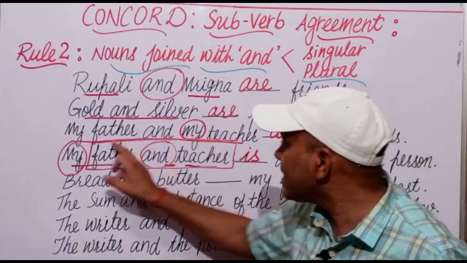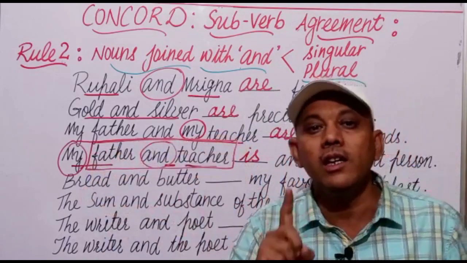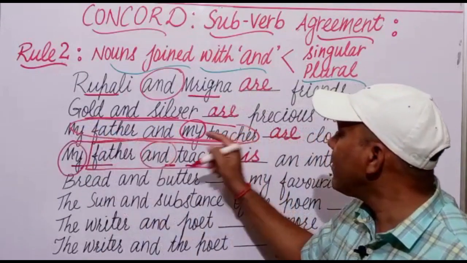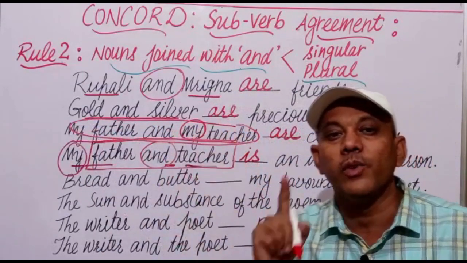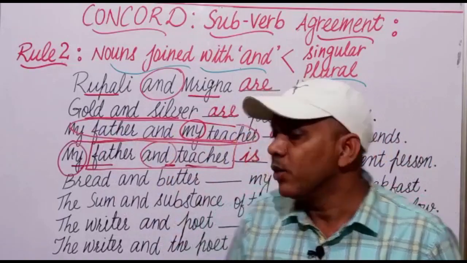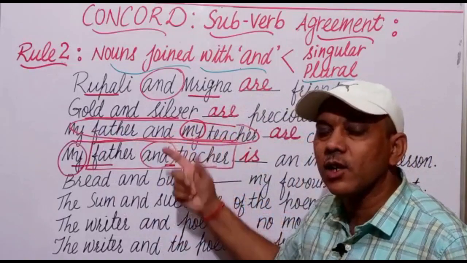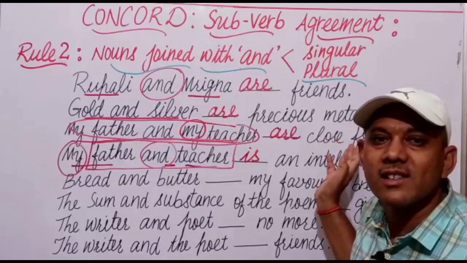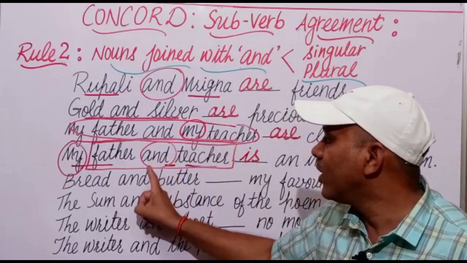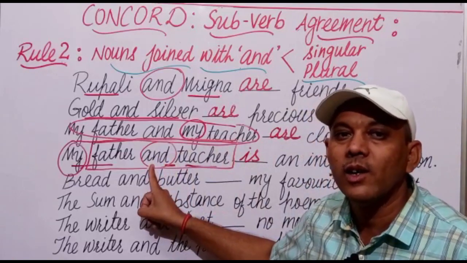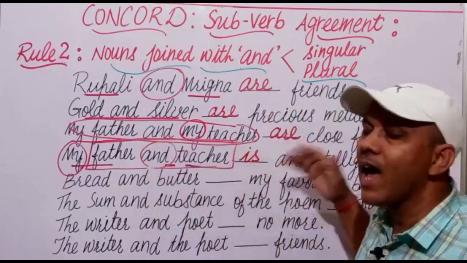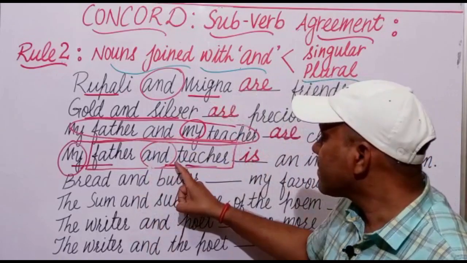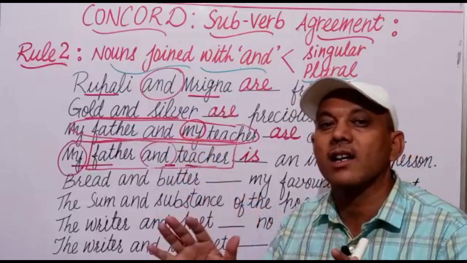We can replace this noun with he, but in this case we can't replace my father and my teacher with he. If we want to replace it, we have to use they. They are close friends. But in this sentence, we can't use they. We shall use he is an intelligent person.